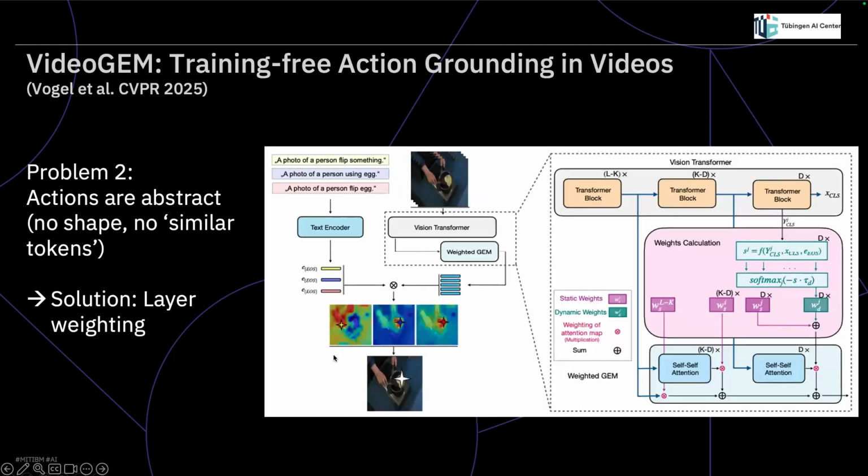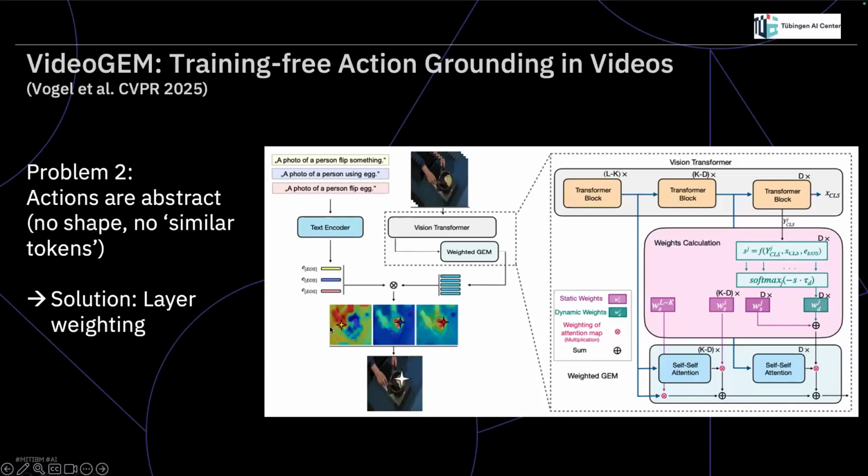So one of the findings was that while objects with a nice outline are usually established, let's say 50% in the ViT backbone, actions as concepts actually arise much later, which makes sense because of their high-level abstractness. And therefore, the second thing that we did for this paper was to say, okay, if we have those three different prompts, maybe we should not prompt them all the same.